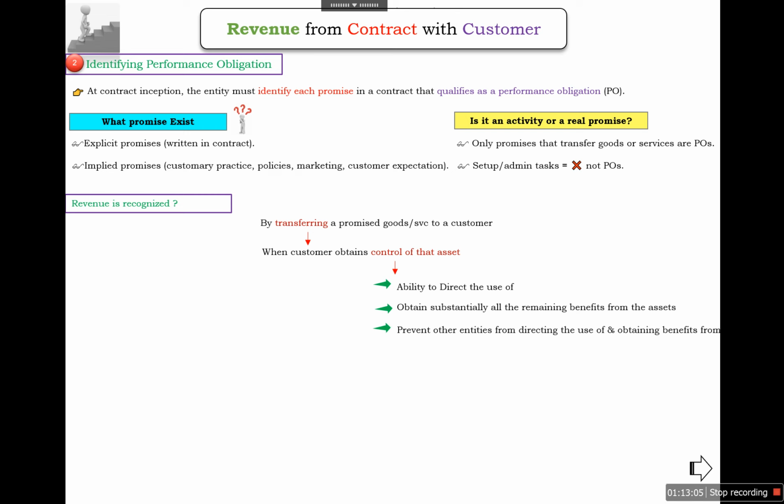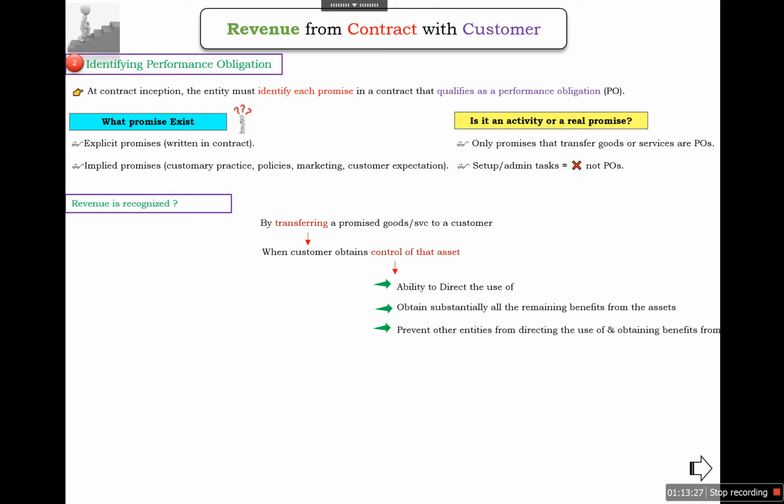Revenue is recognized by transferring promised goods and services to the customer, when the customer obtains control of the asset. For the purpose of control, we need to check whether there is an ability to direct the use of the goods and services.